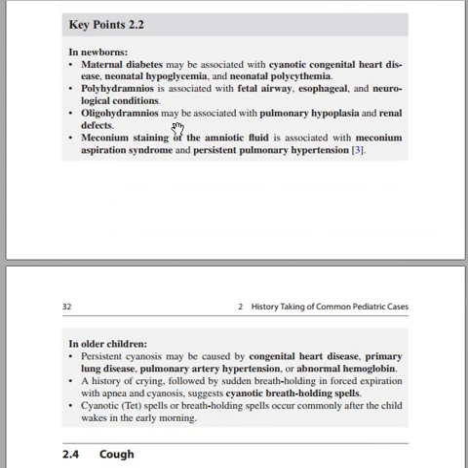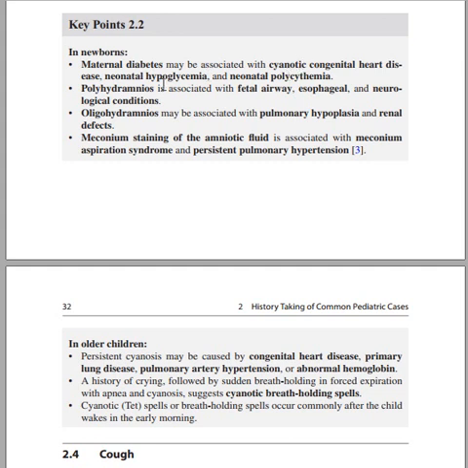In newborns, maternal diabetes may be associated with other conditions. You have to know that maternal diabetes may be associated with cyanotic congenital heart disease. It is also associated with neonatal hypoglycemia and neonatal polycythemia.